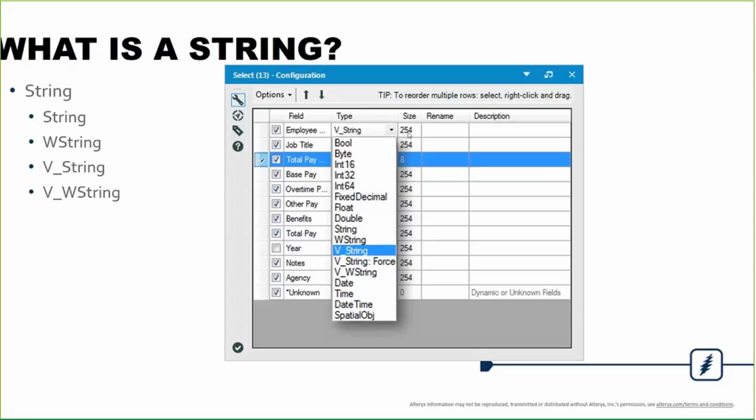If I were to select a v-string 254 for a last name field, this size says, hey, I'll take last names up to a length of 254, but if they're shorter, I'll adjust the size so it's a little bit more efficient with my machine. So if my name's only 10 long, it will reduce the size down to 10. If I was a fixed string with a value of 254, it says, I don't care if your name's 10 characters long, I'm just keeping 254 characters of length in total for that field value.